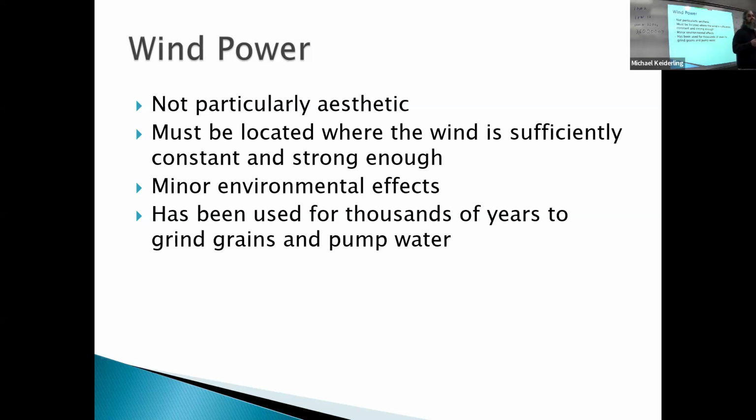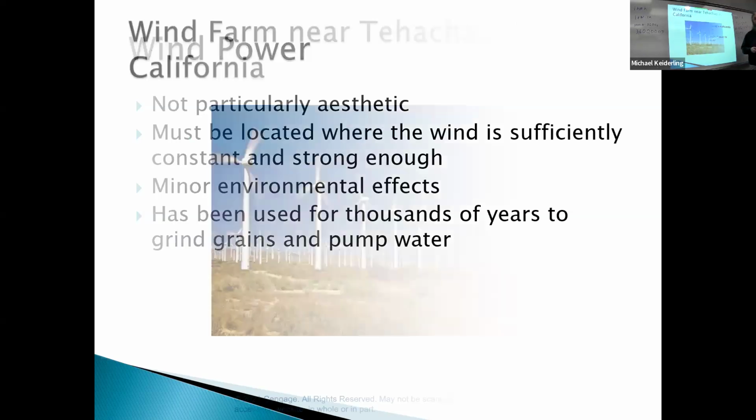The biggest problem is that it's inconsistent. So the biggest problem with a lot of these is that they don't generate power on demand. And our grid works on power on demand. It doesn't have any sort of storage built into it. So the electrical grid needs storage, and that's a big problem that people have been trying to solve.